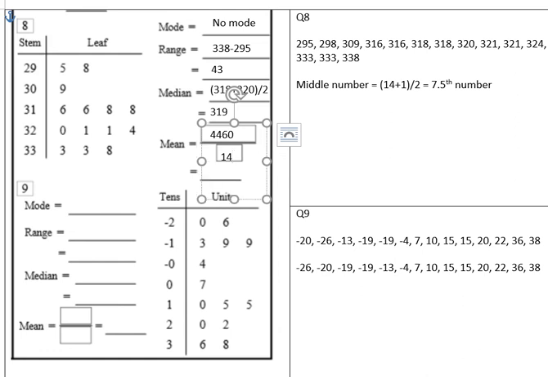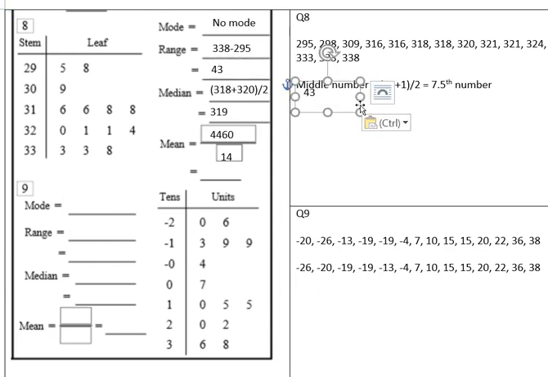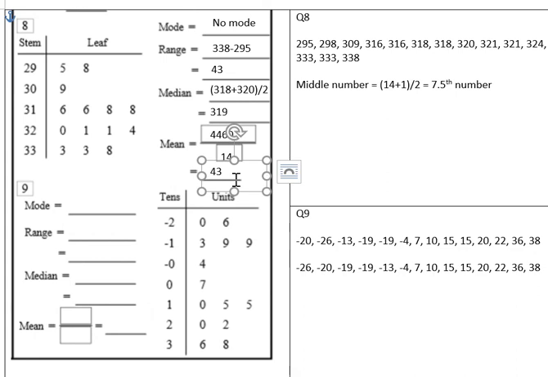If we divide 4,460 by 14, we get 318.57. So that is our mean.